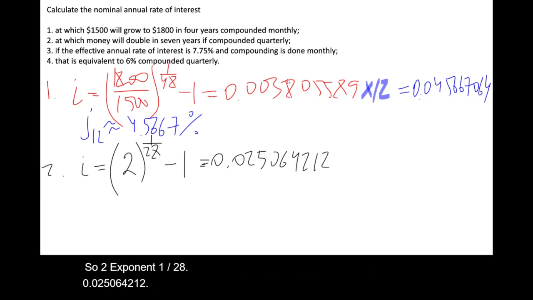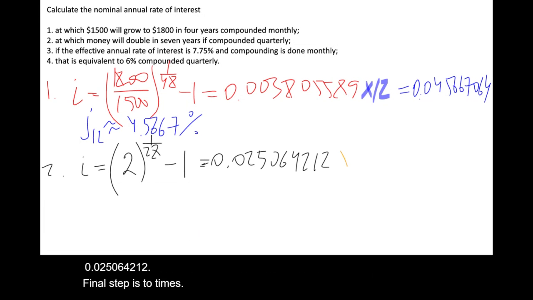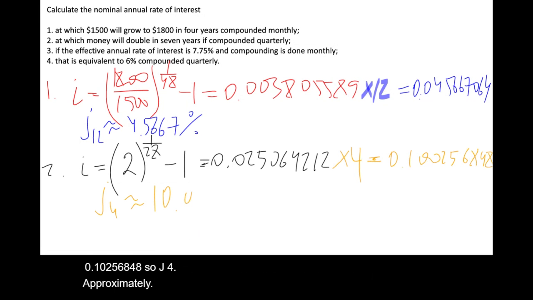Final step is times 4, right? So times 4, 0.100256848. So J4 approximately 10.03%.